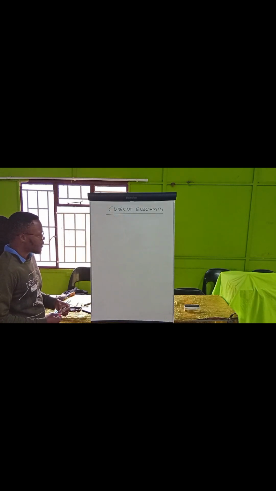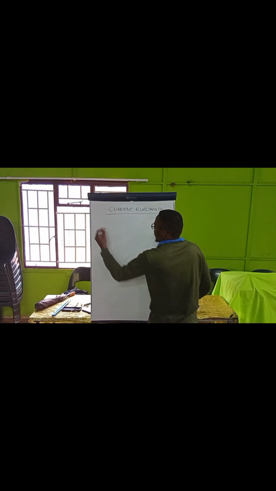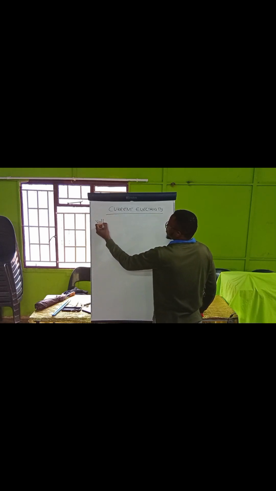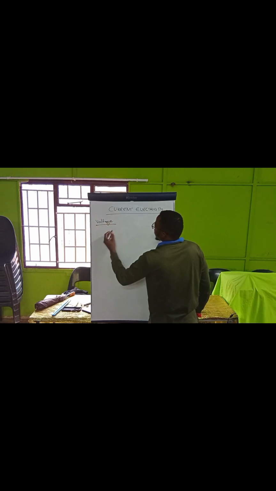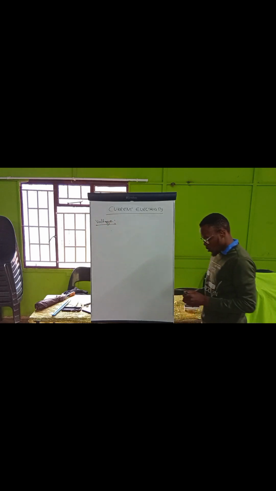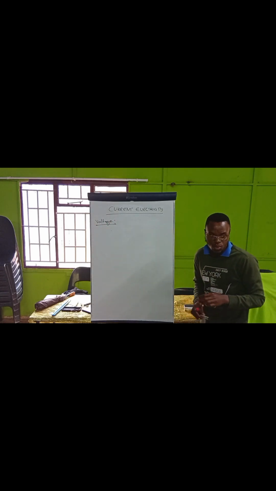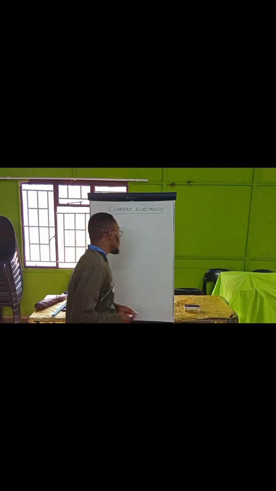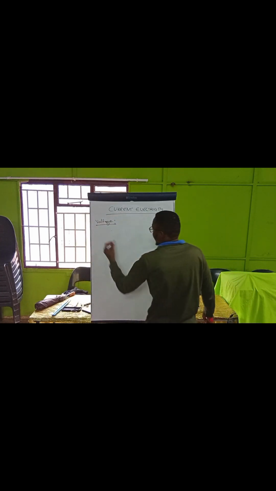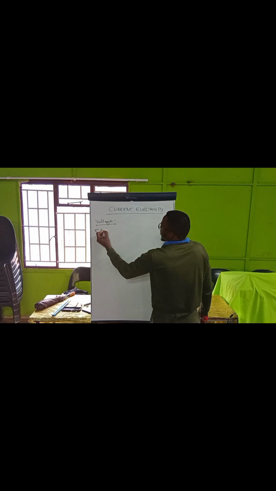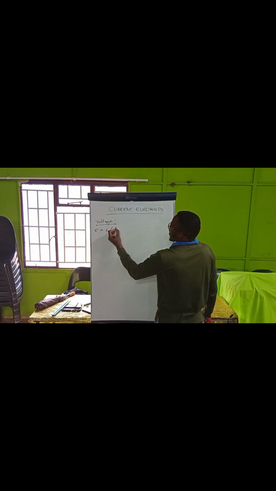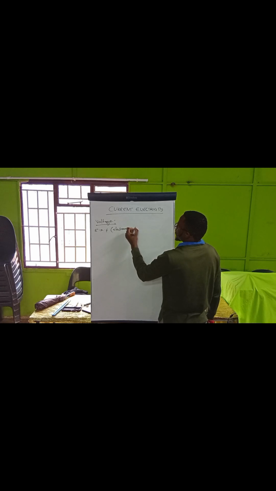So that was current. Now, the next quantity is called voltage. Now this one is interesting because it is divided into two sections. You have what you call EMF, which stands for electromotive force.